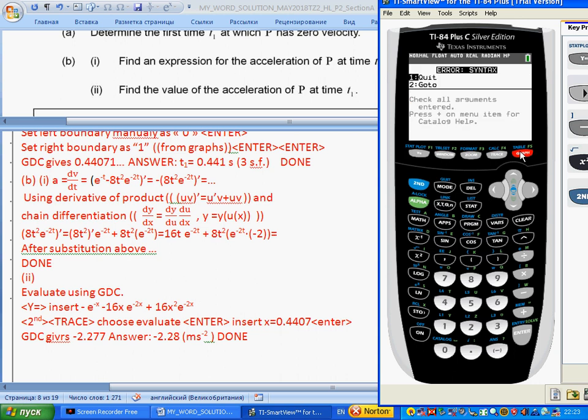I did something wrong. Let's check what we did wrong. Is this function correct?